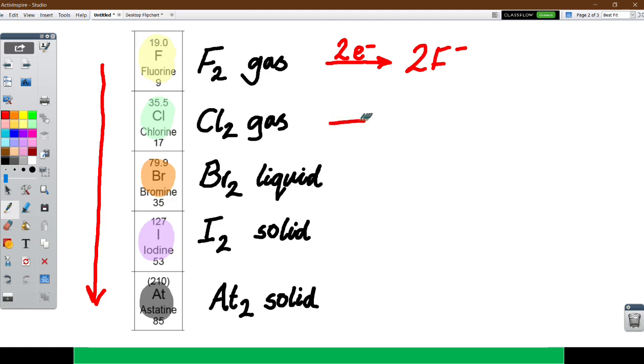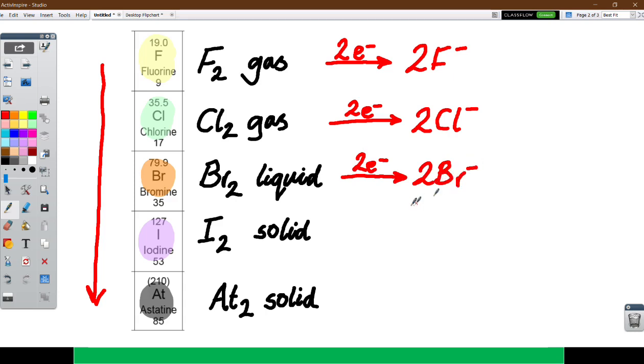Chlorine is, again, fairly electronegative, not as electronegative as fluorine, but chlorine is still quite a reactive element, and again it will attempt to draw in a pair of electrons to a Cl2 molecule and form chloride ions. As we descend the group though, the ability to do this diminishes. Bromide ions form from bromine, not so readily.